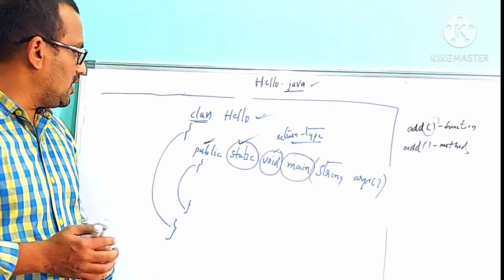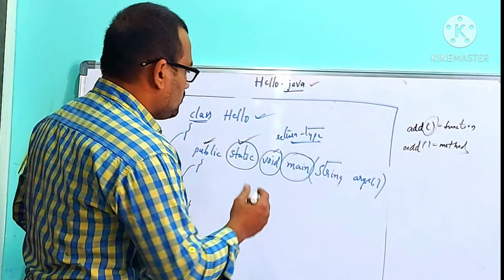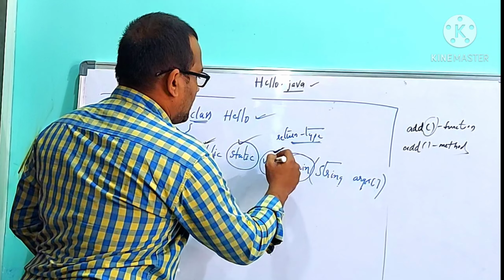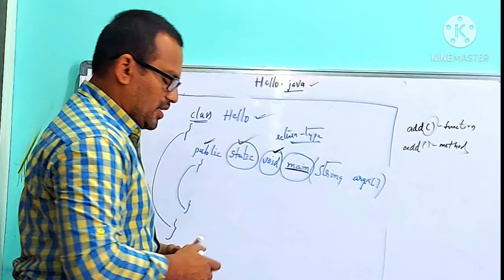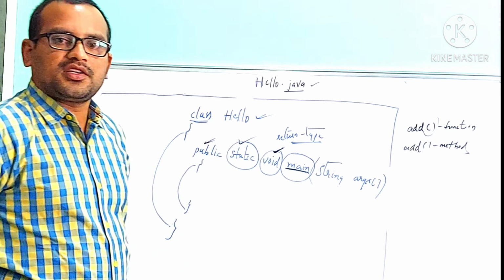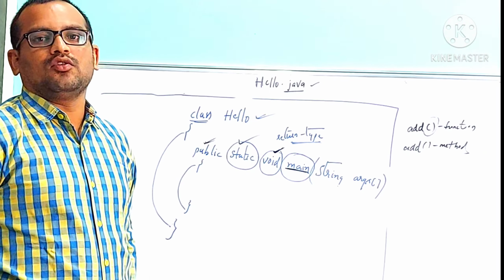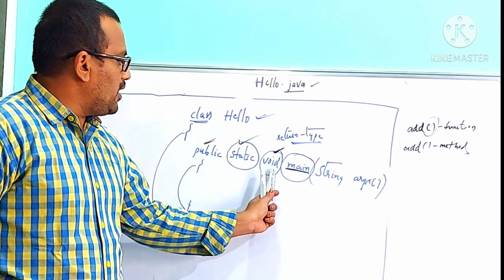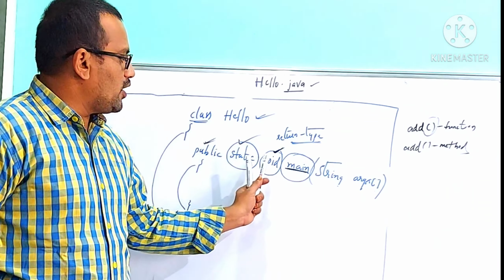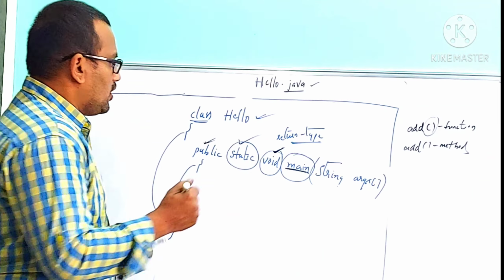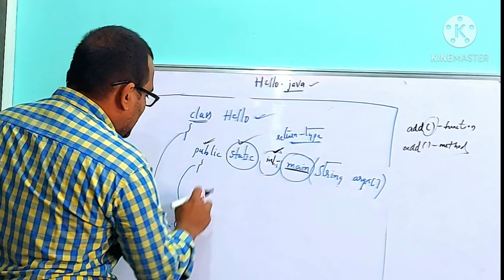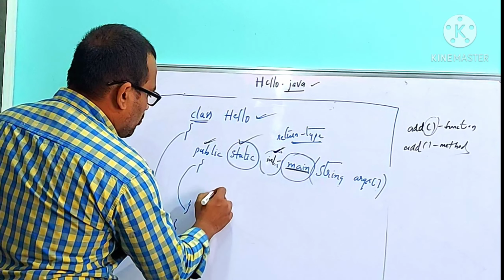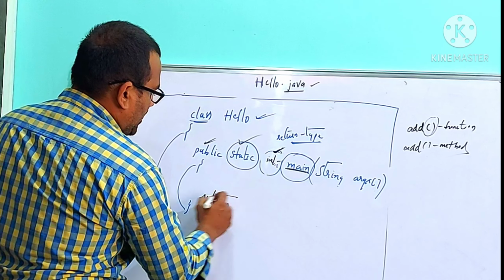Void represents the return type of the main method. Basically, every method or function should return a value. Here void means this main method is not going to return any value. Suppose instead of void you use int, then inside the body of the main method there should be a return statement.